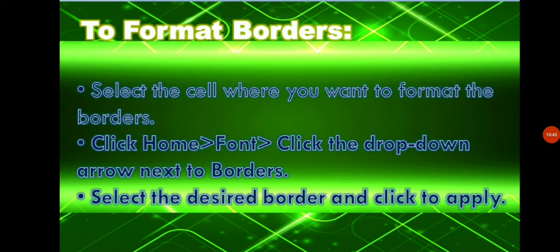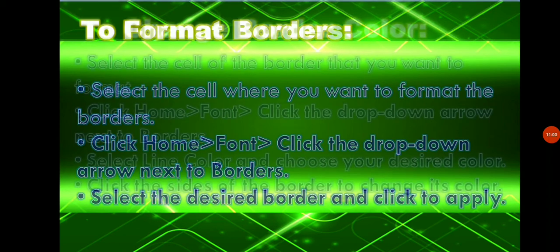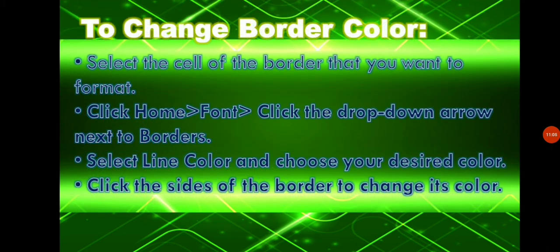To format borders, select the cell where you want to format the borders. Click Home, Font, click the drop-down arrow next to Borders, select the desired border, and click to apply. Next is to change border color.